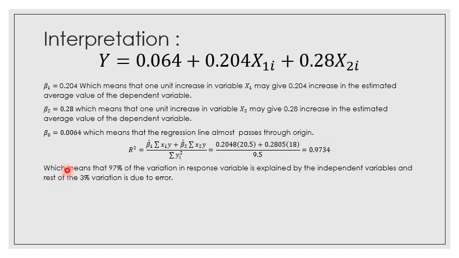Now, we will obtain the R square, which is the coefficient of multiple determination. The formula for R square in deviation form is given here.